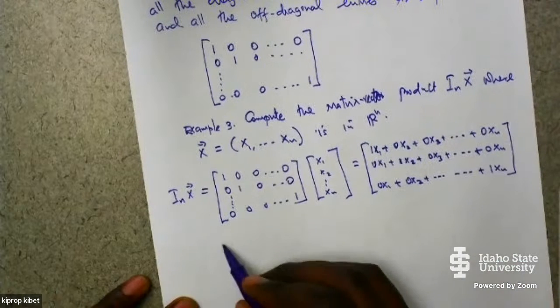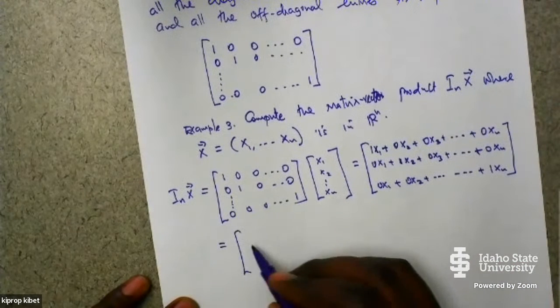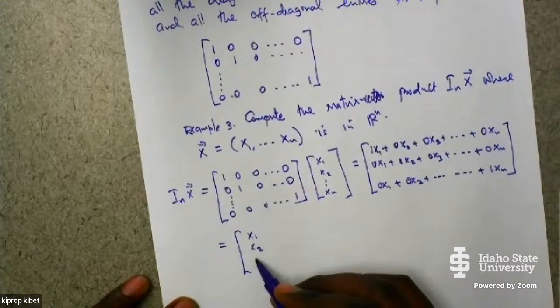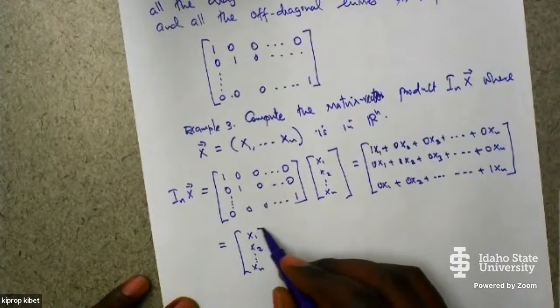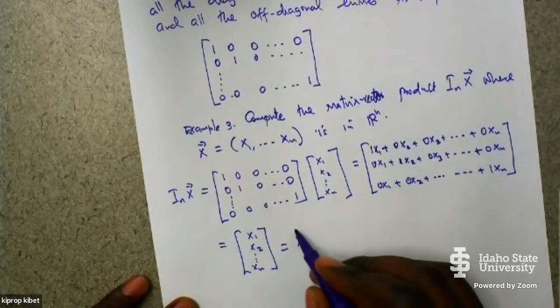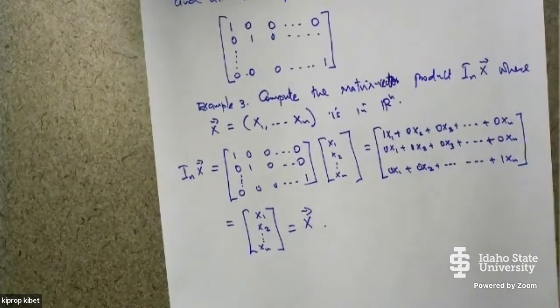So what we get is x1, x2, up to xn, which is the vector x. So when you multiply the identity matrix by a vector, you still get the same vector.